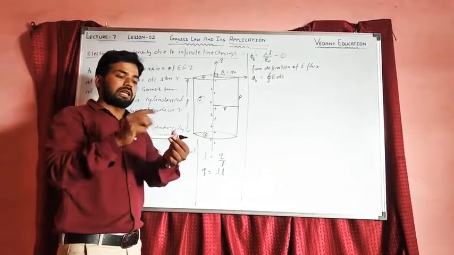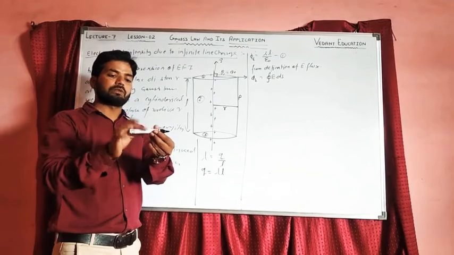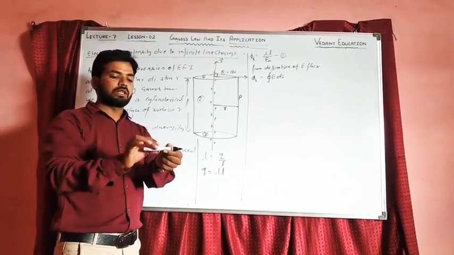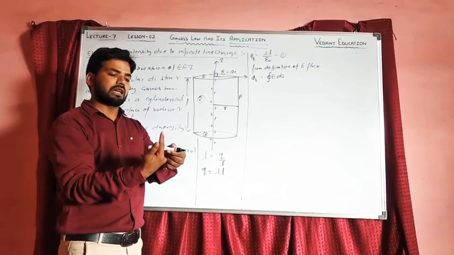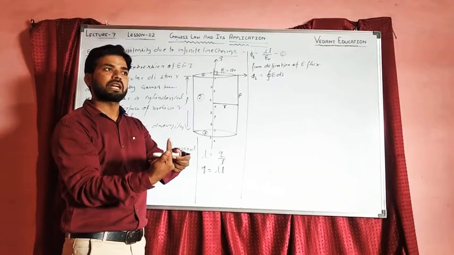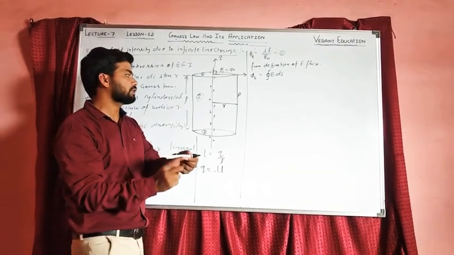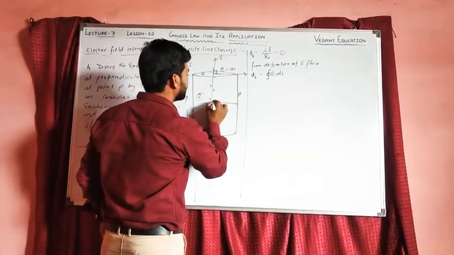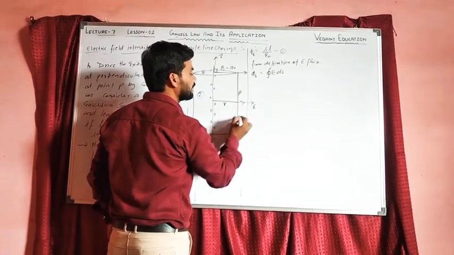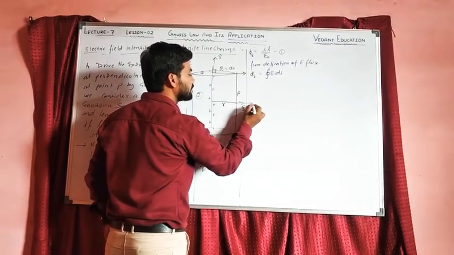Now the second surface area is this one. The area vector will be this, and the direction of electric field lines is always outward from the charge, so the direction of both is the same.